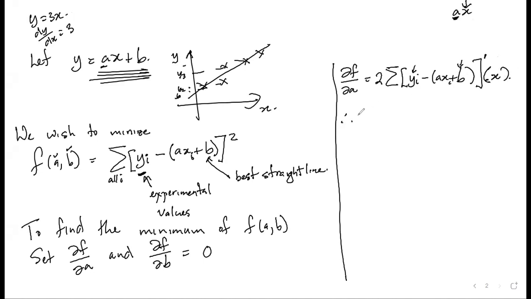So therefore 2 sum, let me say this is inside the bracket: xi yi minus a xi squared minus b xi is equal to 0.